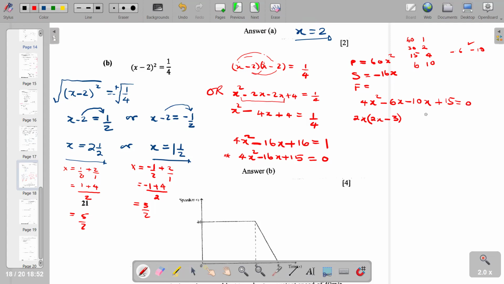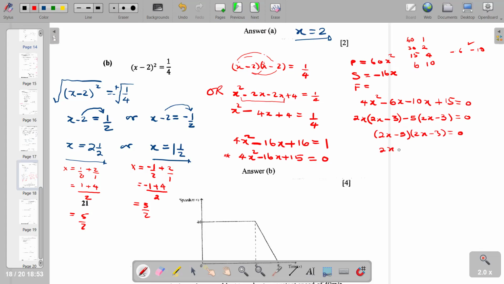Then here our common factor is minus 5, and we are left with 2x minus 3. So we are left with 2x minus 5 times 2x minus 3 equal to 0.